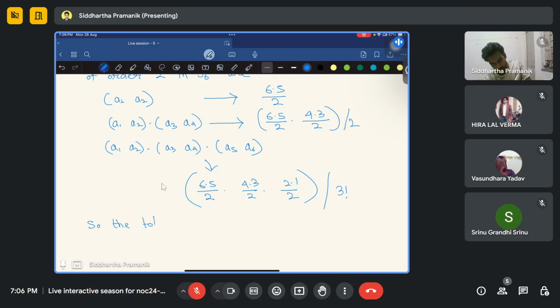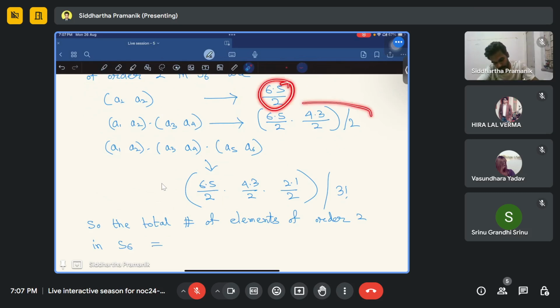So the total number of elements of order 2 in S6 equals the sum of the first, the second, and the last one.